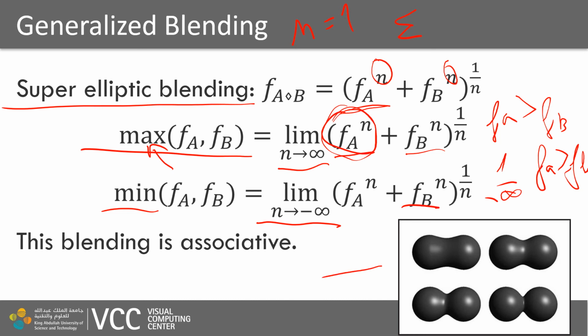In this image, you can see that when we are increasing our n, we are going gradually from summation more and more to a union operator, which we can see here is very close to a union of two spheres, and the blend is having a much sharper crease between these two skeletal primitives.